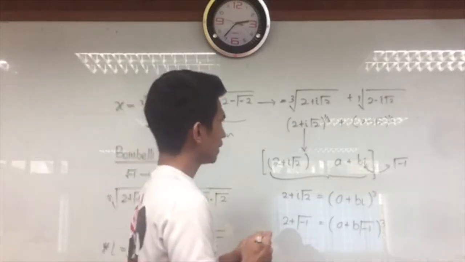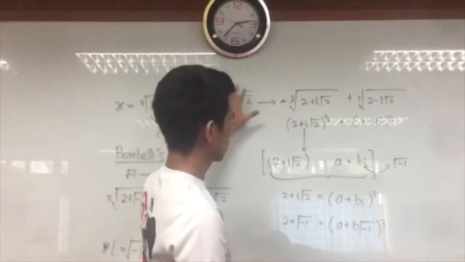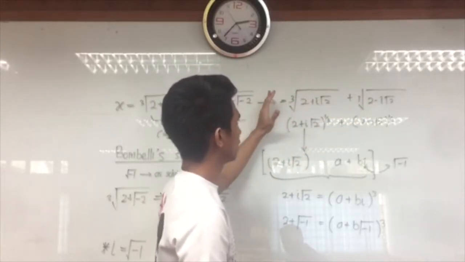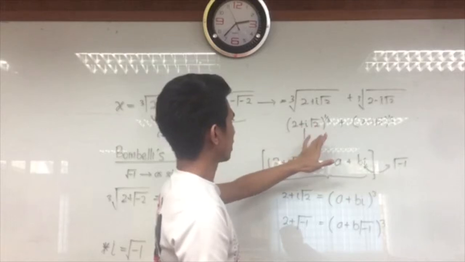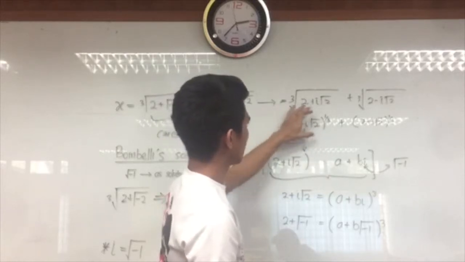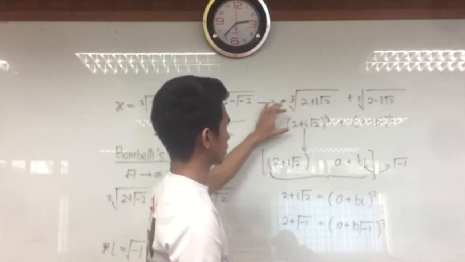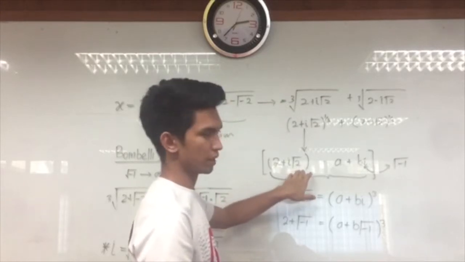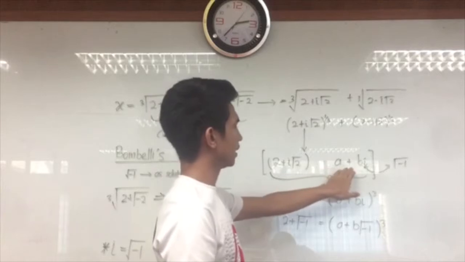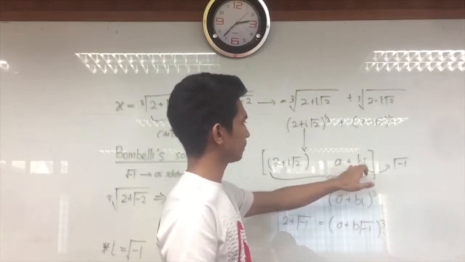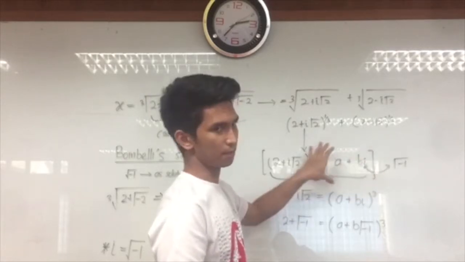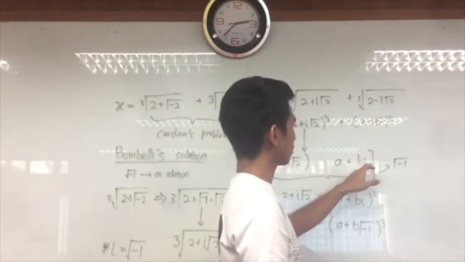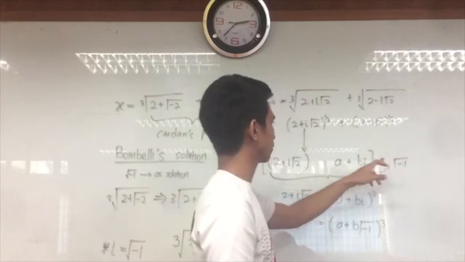So let's take this equation as an example. What Bombelli tried to do is change this into the general complex form, which is a plus bi. So i, as we can see, is equal to square root of -1.